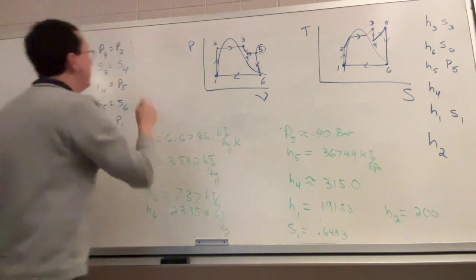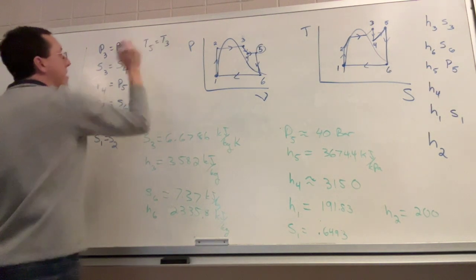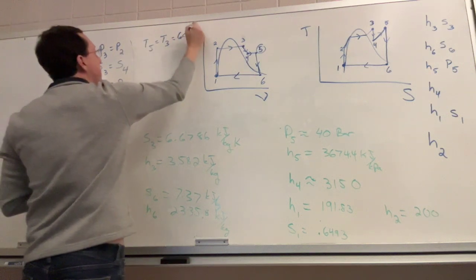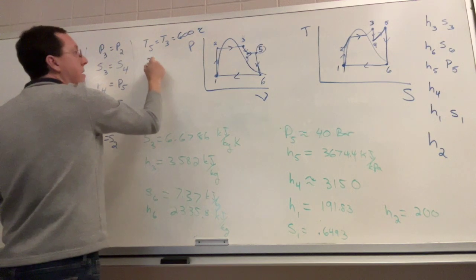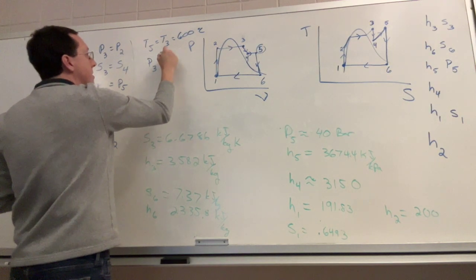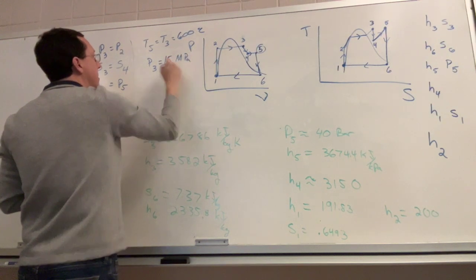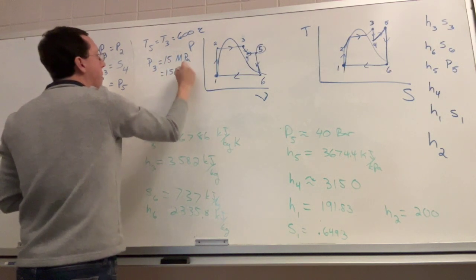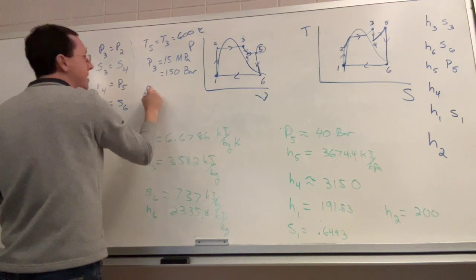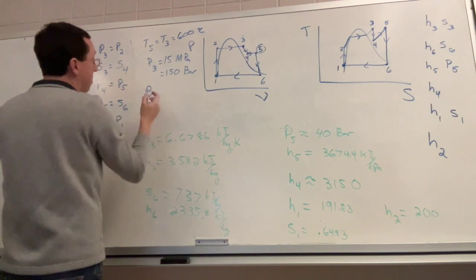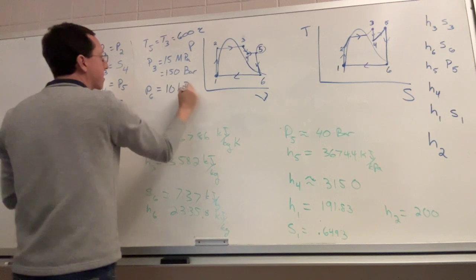Furthermore, I know that the temperature at 5 equals the temperature at 3, which was 600 degrees Celsius. Furthermore, I know the pressure at 3 was given as 15 megapascal, which is also 150 bar, and I know that the pressure at state 6 and state 1 equals 10 kilopascal.